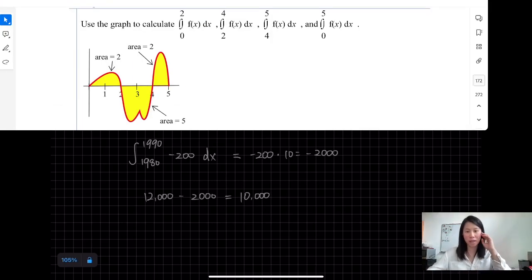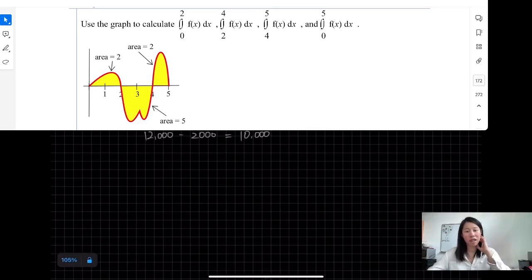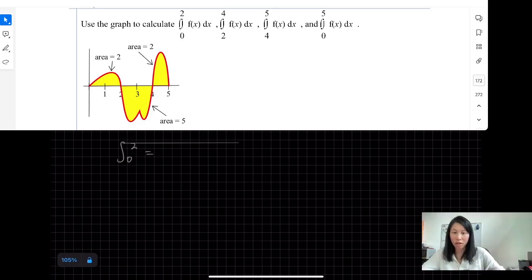Okay, so here is another example. Using the graph, calculate the integral of f(x) from 0 to 2, 2 to 4, 4 to 5, and 0 to 5. Integrating from 0 to 2, I know that the area is equal to 2.